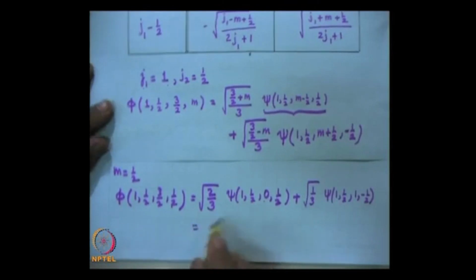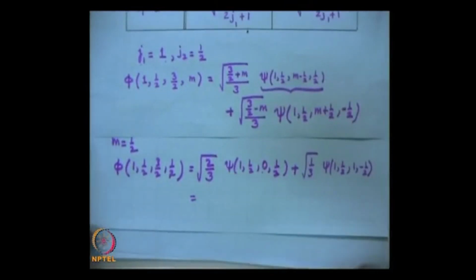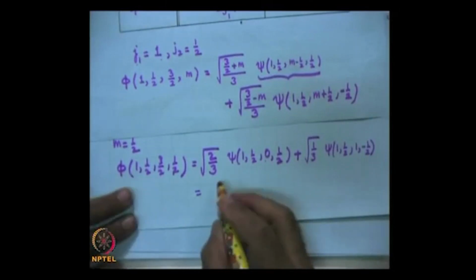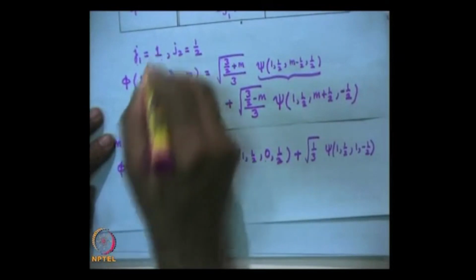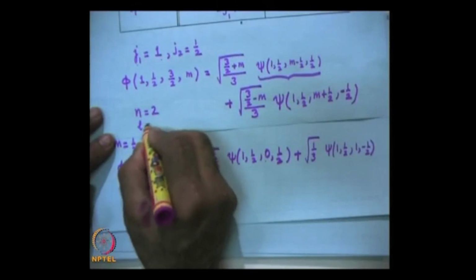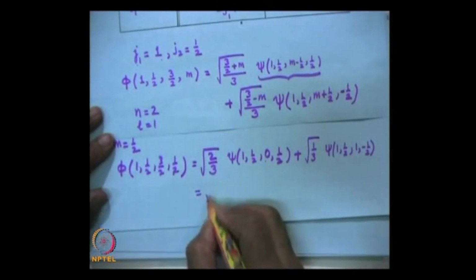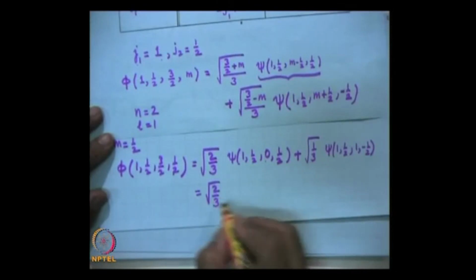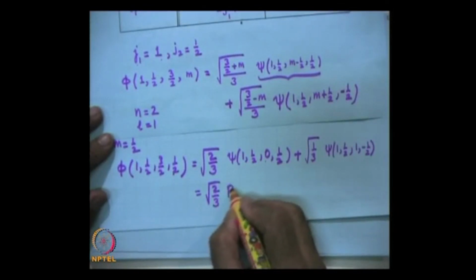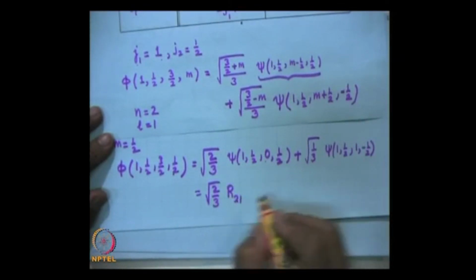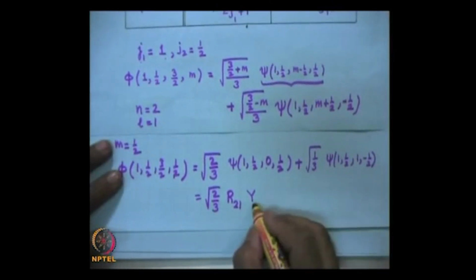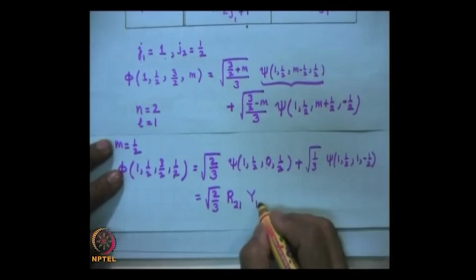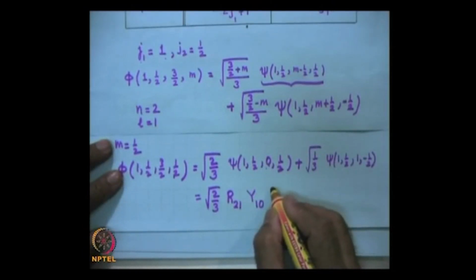So, let us suppose we consider the state n is equal to 2, j1 is equal to 1. So, L is equal to 1. So, we will have square root of 2 by 3 R 2 1 of r, if we take hydrogen atom wave functions, Y 1 0 spin up state.